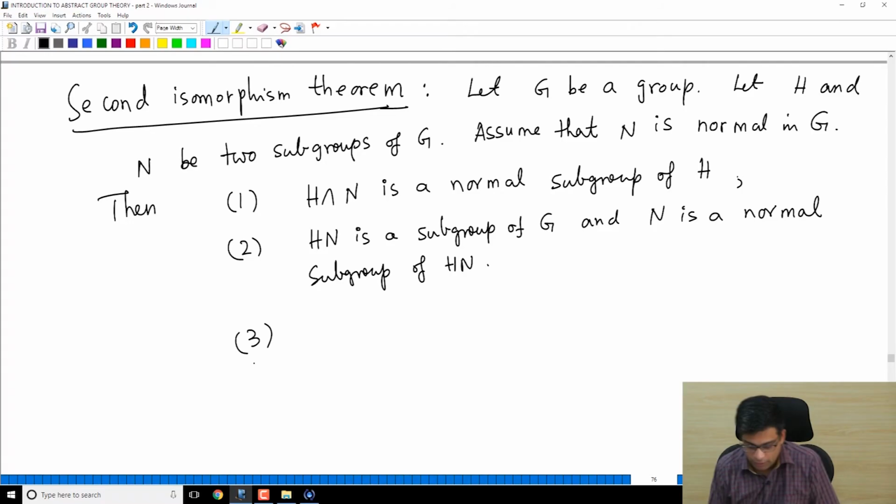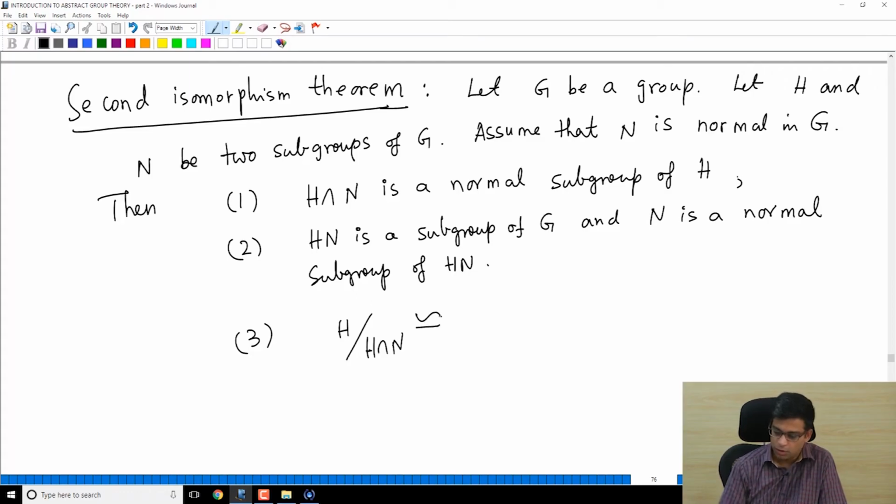And finally, in three we have H modulo H intersection N. By 1, H intersection N is a normal subgroup of H, so this is a group. By 2, N is a normal subgroup of HN, so I can consider this. So H mod H intersection N is isomorphic to HN mod N.